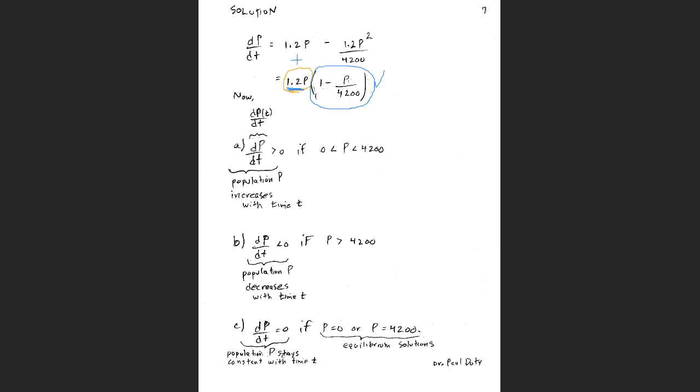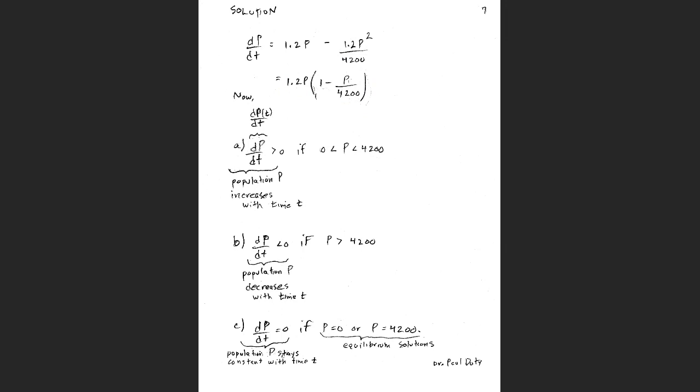However, the factor 1 minus p over 4,200 can be positive, or it could be negative, or it could even be 0. Let me be more clear. The first factor is going to be either positive or 0. Let me write it again.